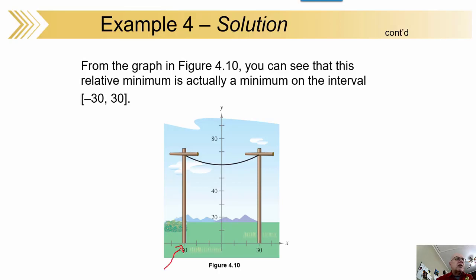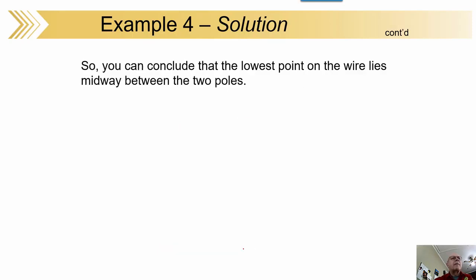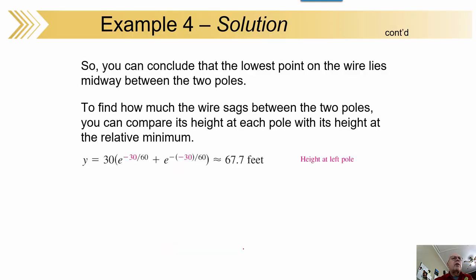We did this calculation first. We put the -30 in where the x was. And right now we're putting the 0 in, which gives us the middle point. And then in a moment, we'll put the +30 in and see what the height is there. So back we are.